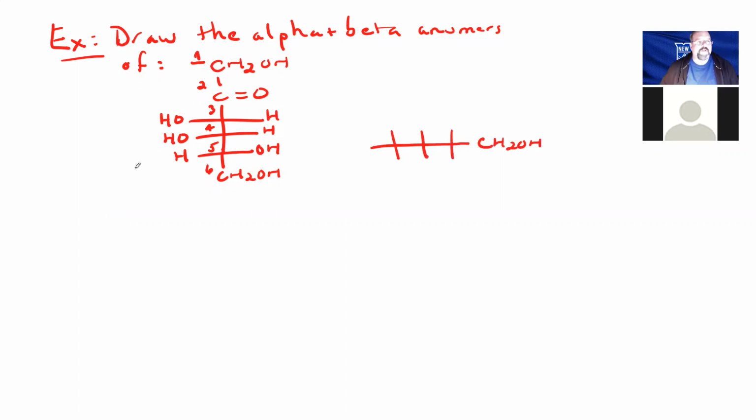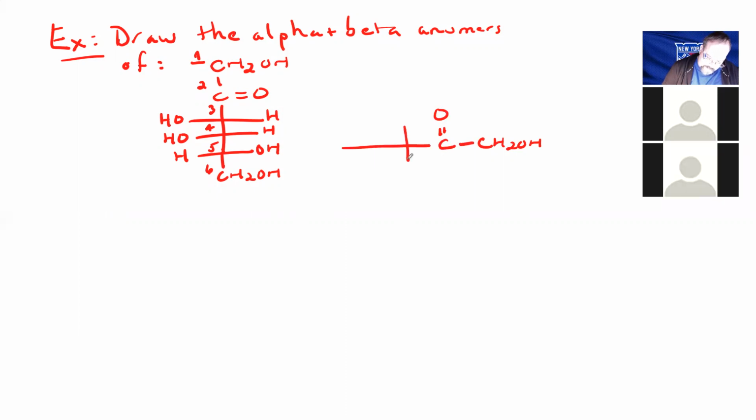As we know, our first step is to take the Fischer projection and turn it 90 degrees clockwise and redraw it horizontally from right to left. As we discussed, the main purpose of this step is to get the correct translation of the OH groups on the chiral carbons in the Fischer projection, left and right, to those carbons in the Haworth structure in terms of going up and down.